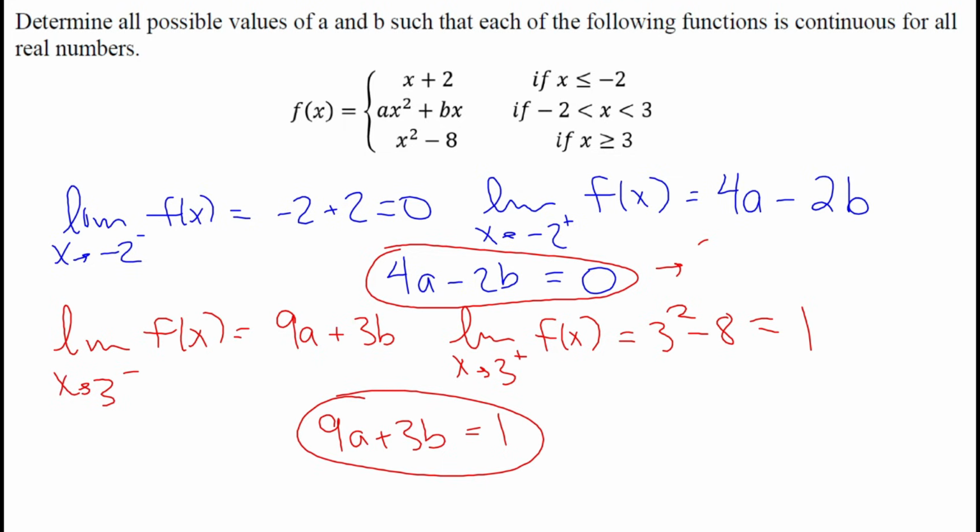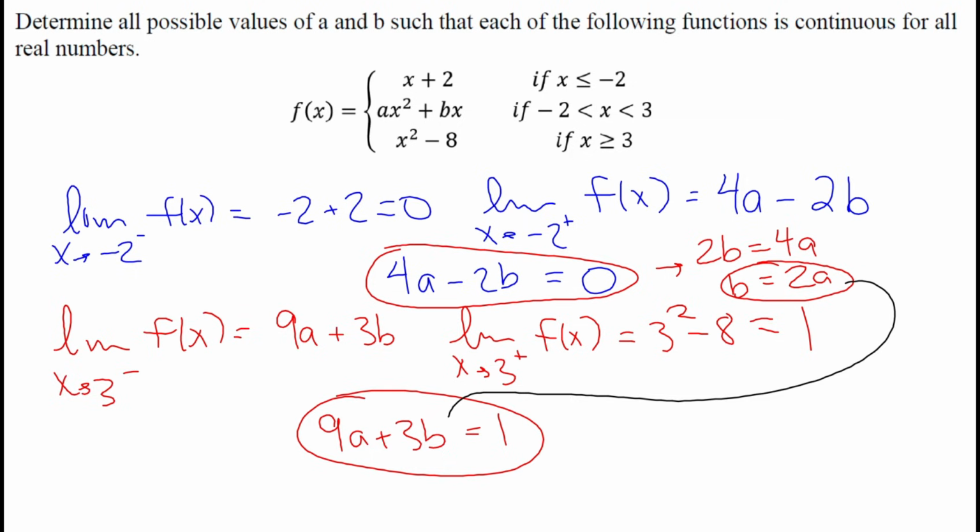Well, this one tells us that 2b equals 4a, or b is equal to 2a. So I can use substitution, plug b equals 2a in right here to get 9a plus 3 times 2a, which would be 6a, equals 1.